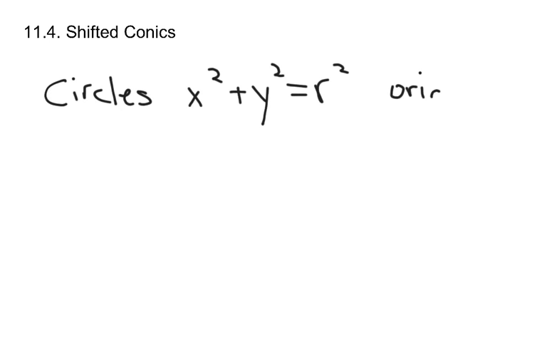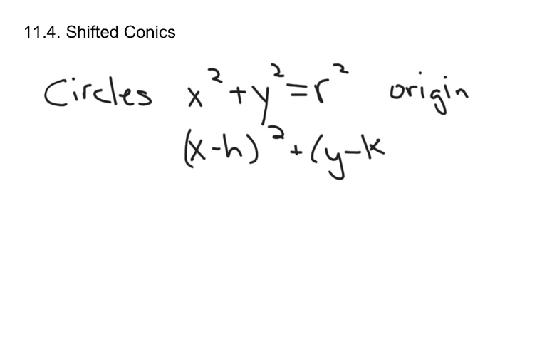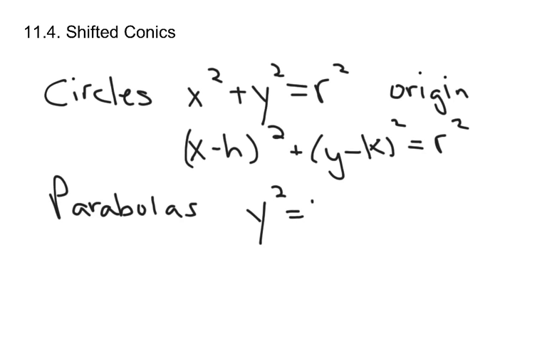If it was centered somewhere else, it had this equation, where the center was at h, k. For parabolas, if the vertex was at the origin, then it either had this equation or this equation, depending on how it opened.